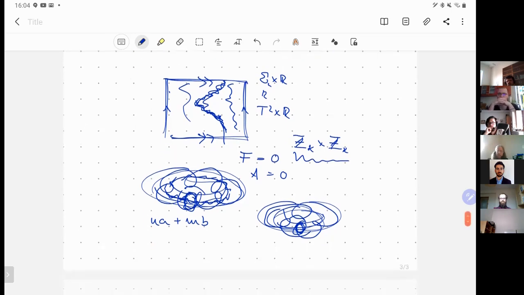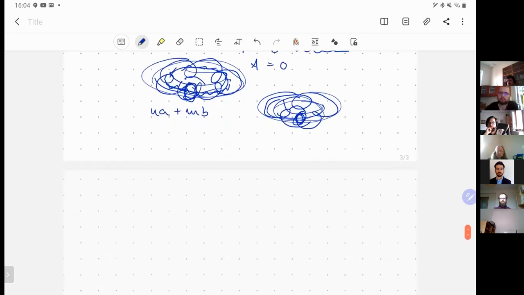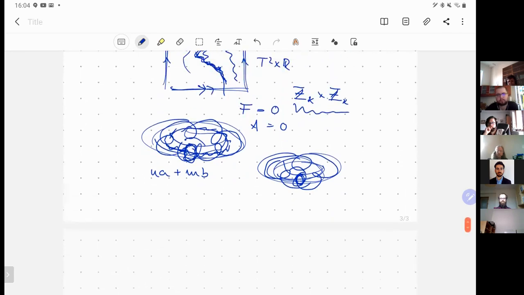There are several interesting things one can do now. One can study the theory on a surface of genus G, and some ramification happens.